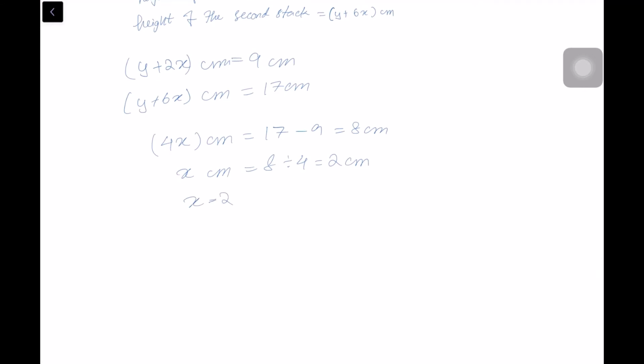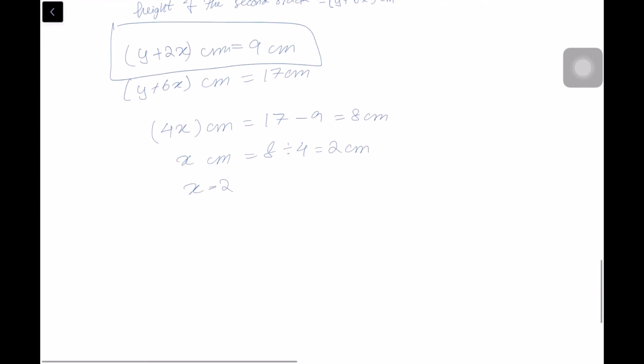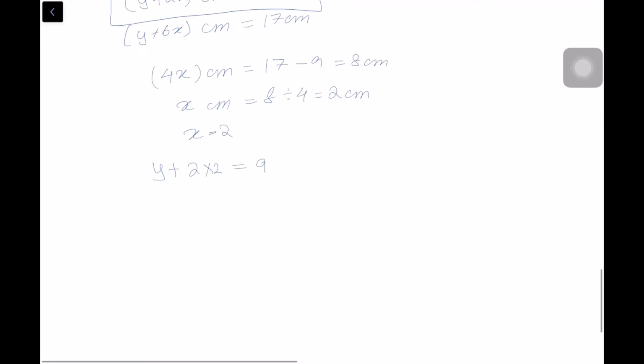Now if we substitute this back into this equation over here, we get y plus 2 times 2 is equal to 9. So we simplify this and you get y plus 4 is equal to 9. So this means that y is equal to 5.